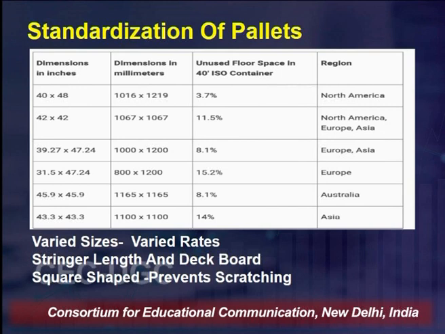If we use a dimension of 31.5 by 47.34, you will have an unused floor space as large as 15.2%, and mostly it is 40 by 48 inches which is prevalent in North America, while in other parts of the world different sizes of pallets are used.